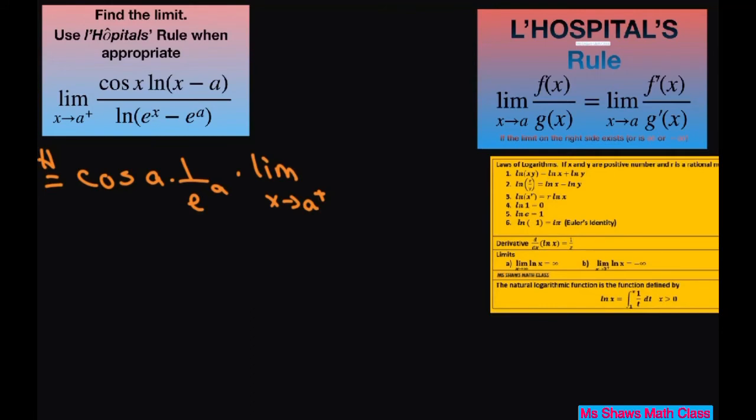And what we had before, the limit as x approaches a from the right, we had e to the x minus e to the a power divided by x minus a.